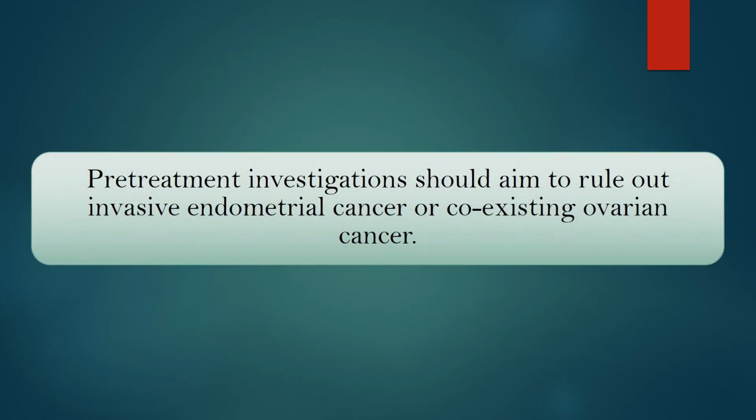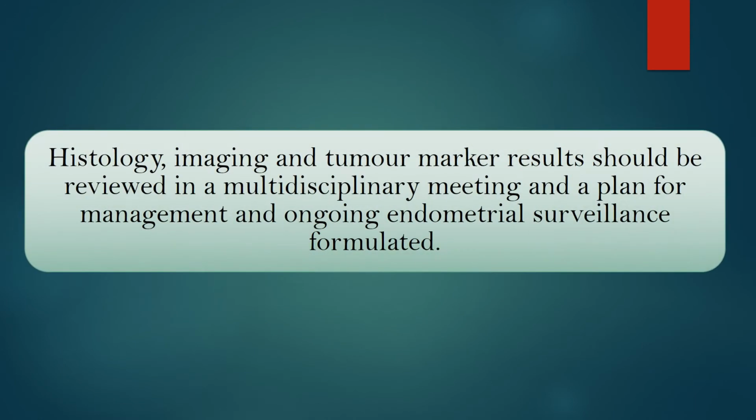Pre-treatment investigations should aim to rule out invasive endometrial cancer or coexisting ovarian cancer. Histology, imaging, and tumor marker results should be reviewed in a multidisciplinary meeting and a plan for management and ongoing endometrial surveillance formulated.